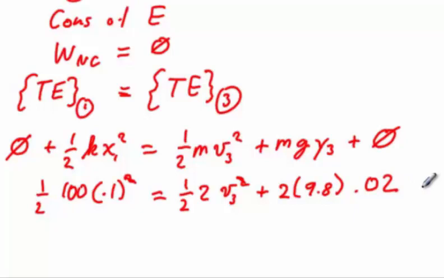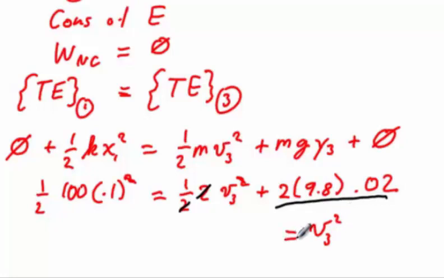Again, the 2's will cancel in the kinetic energy term. And if we move the gravitational potential energy term over to the left-hand side of the equation, we'll be left with an expression with only V3 squared on the right-hand side.